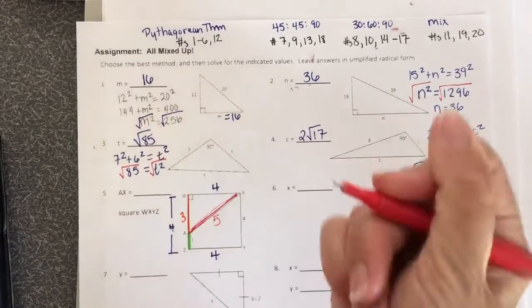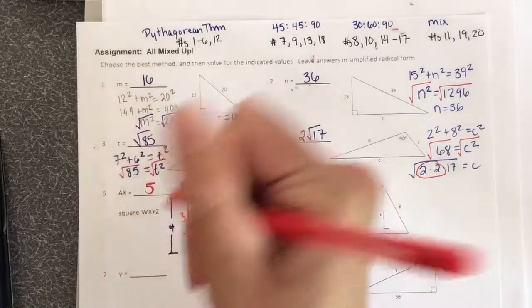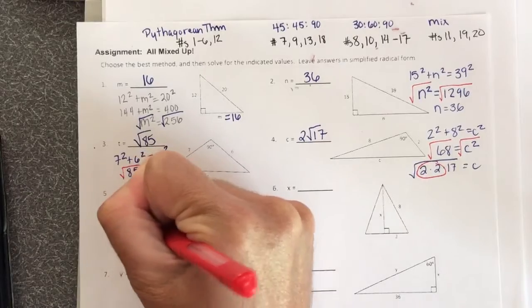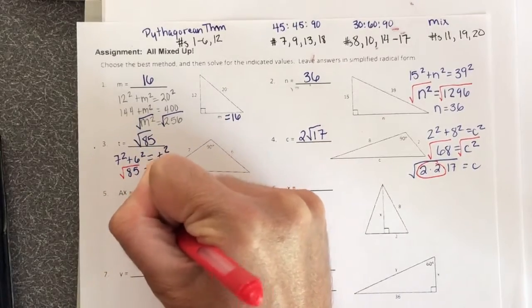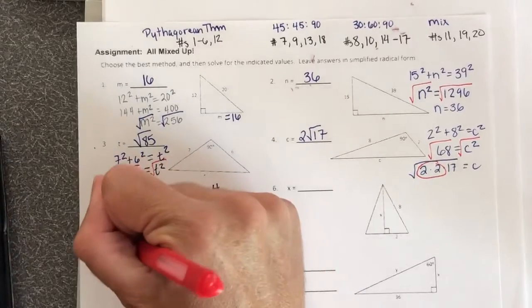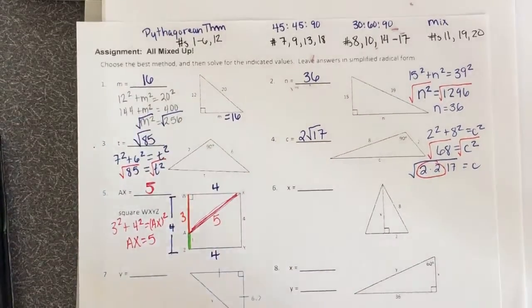So the length of AX is 5. You can go through and use the Pythagorean theorem if you want to. 3 squared plus 4 squared equals AX squared. And when you do the math, you're going to find out that AX has a length of 5 units.